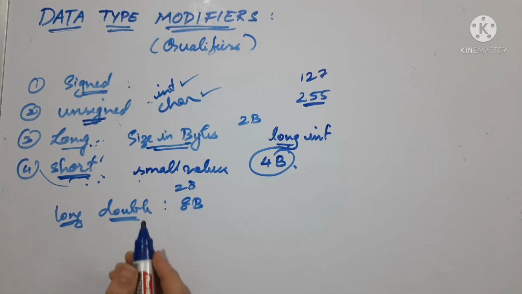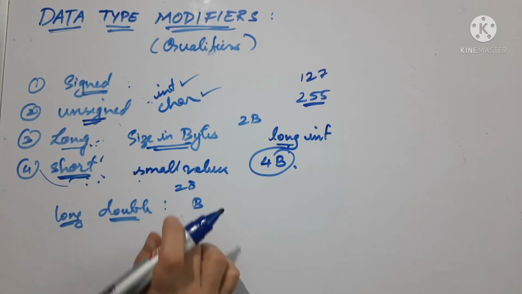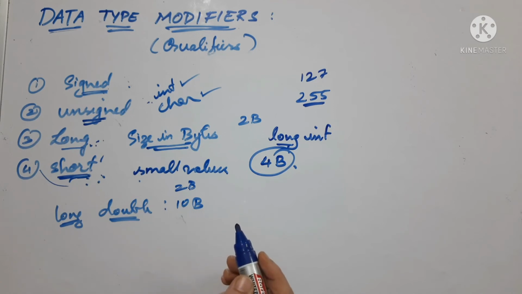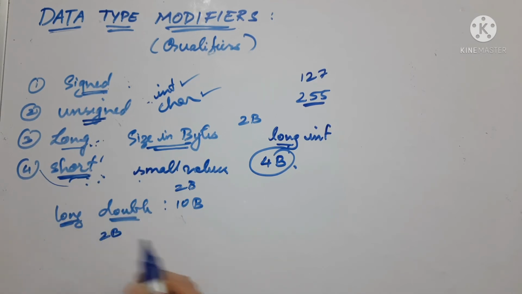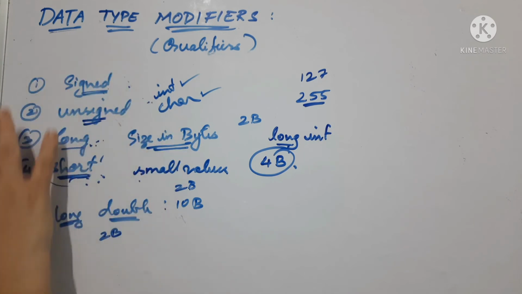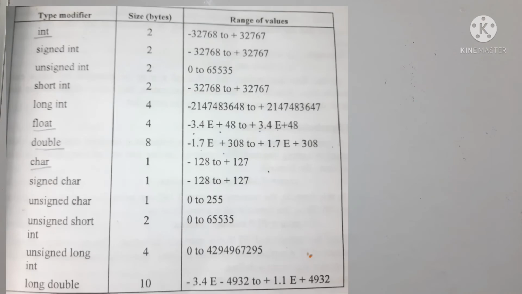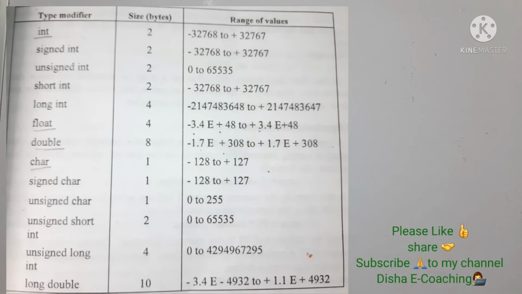But if I mention long double, then it will take 10 bytes of data. So it will increase the size by 2 bytes. This is why we are making use of these kinds of modifiers. So this is the list of data type modifiers, how much size each takes, and the range of values. I want you to please go through this table once. And if you have any doubt, please mention it in the comment section.